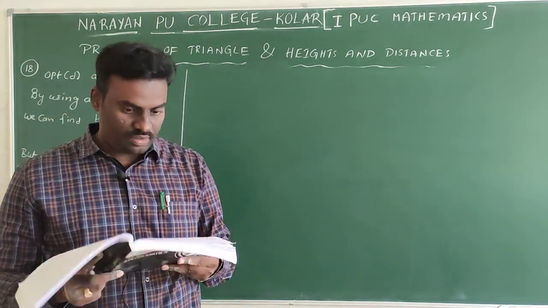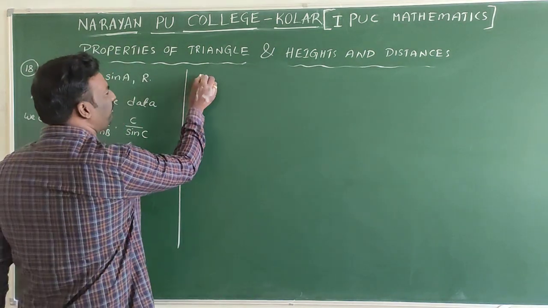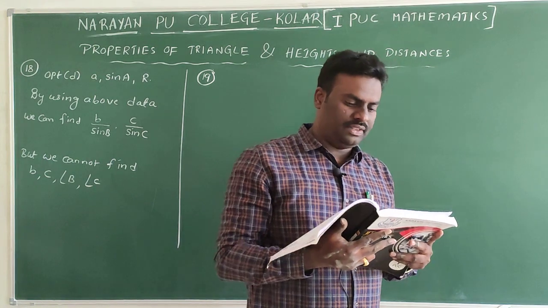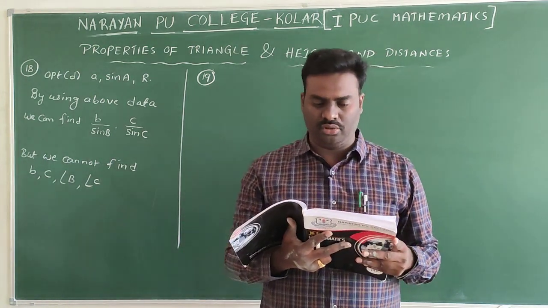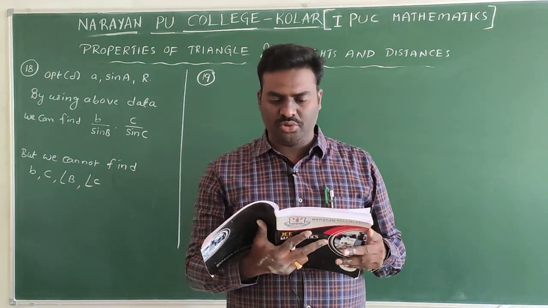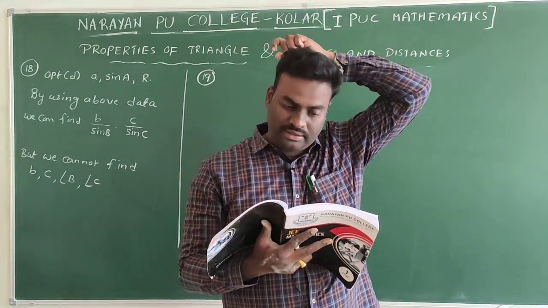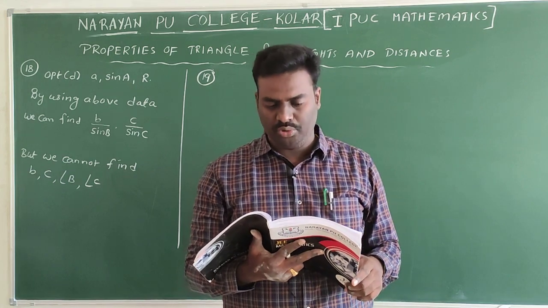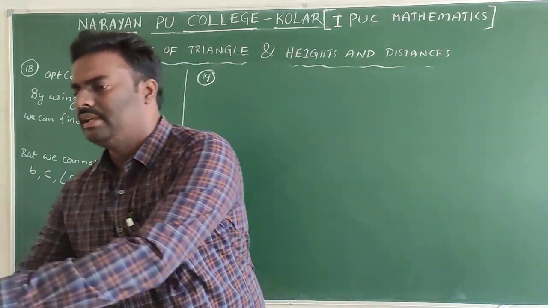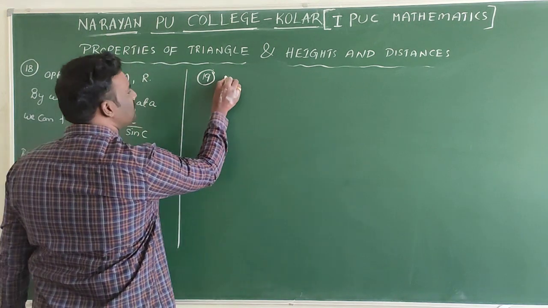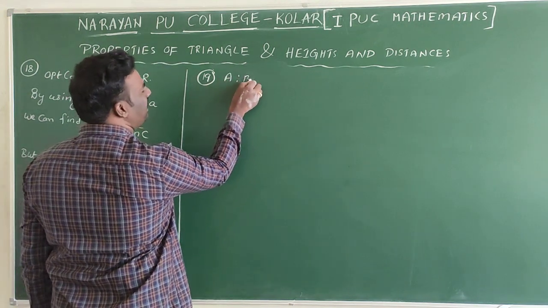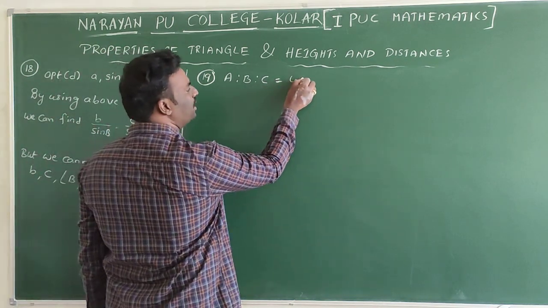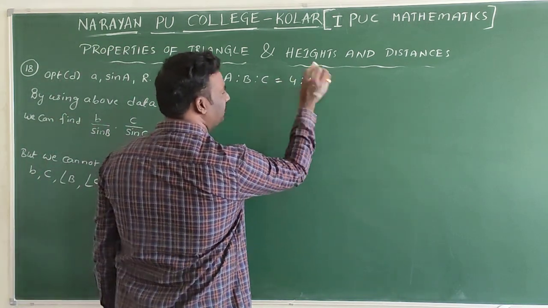Next, question number 19. In the 19th, they have given: if the angles are in the ratio 4:1:1, then find the ratio of the longest side to the perimeter. See here, the angles A, B, C are in the ratio 4:1:1.